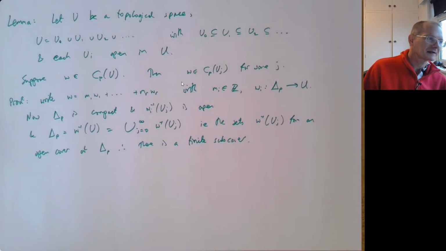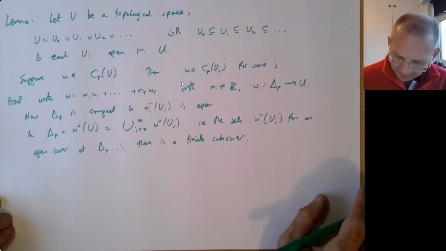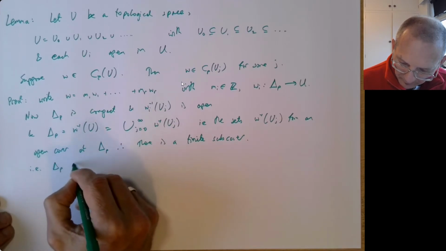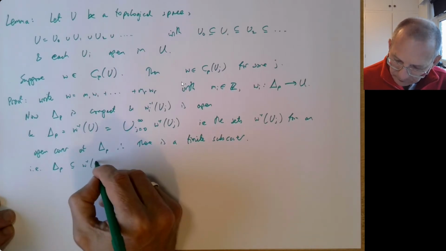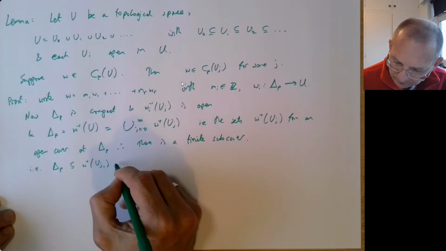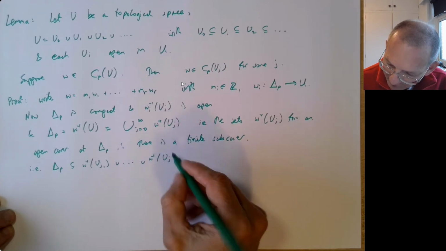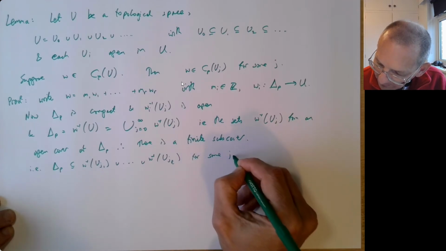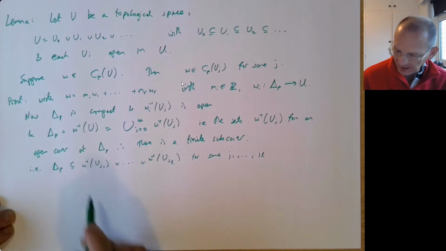So that means there's a finite subcover. So delta p is contained in this union here.